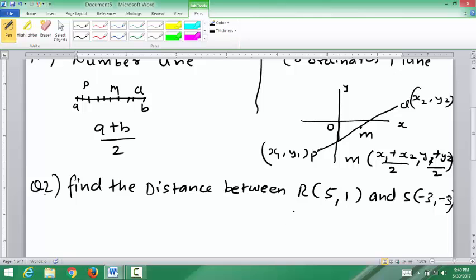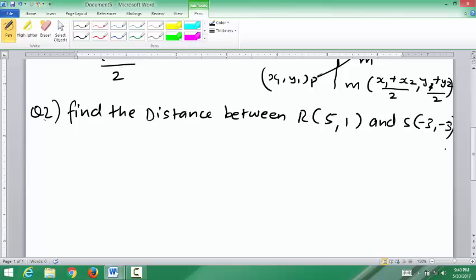Now let's suppose we take this example. We'll make one triangle. Let's take it S, R and T. This we take as X and this we take as Y.